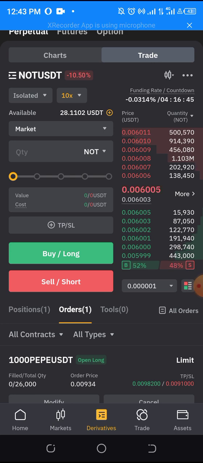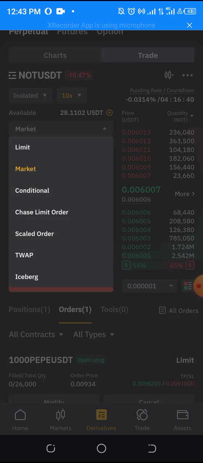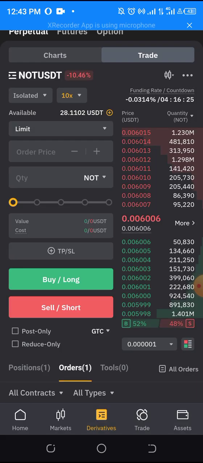If you want to place a trade, you either set it at a market, a limit, a conditional, a chase limit order, or a scaled order. But for the sake of this video, we will be talking about the limit and the market orders. Limit means I want to take this trade at a discount.